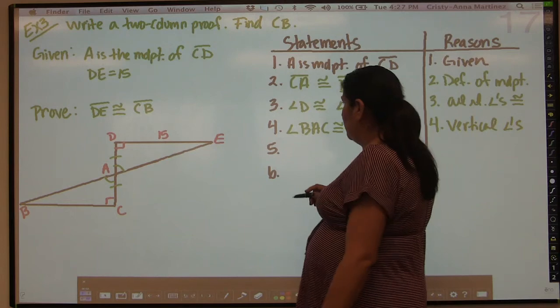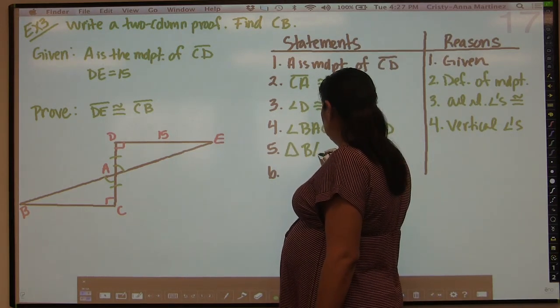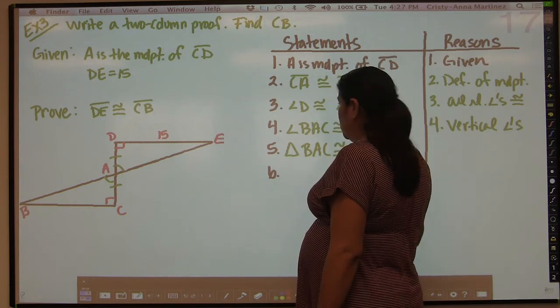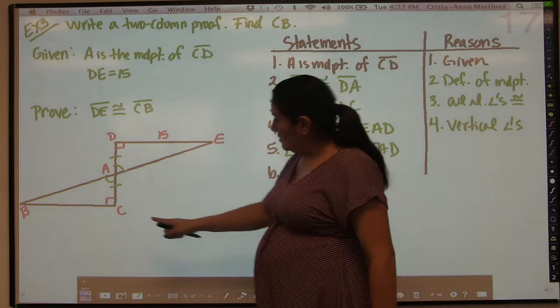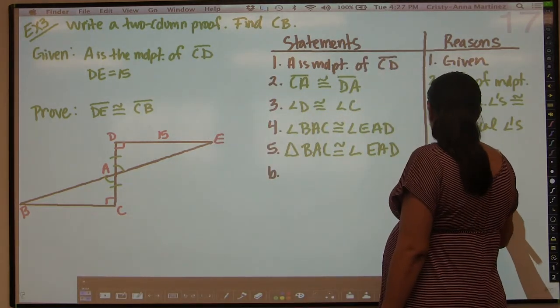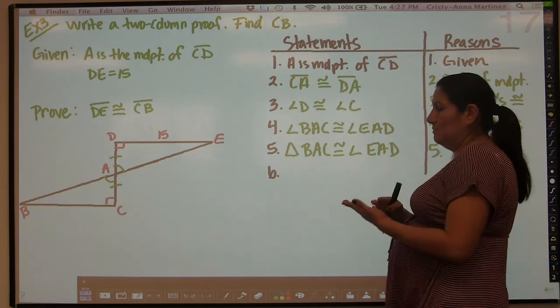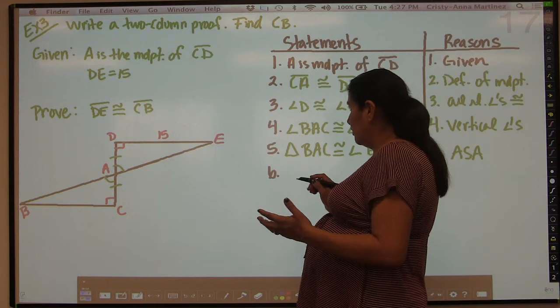And then finally in step 5, we can say that triangle BAC is congruent to triangle EAD. And that's because of angle side angle in this case, because the side is in between the two angles. And then because the two triangles are congruent, all of their parts are congruent.